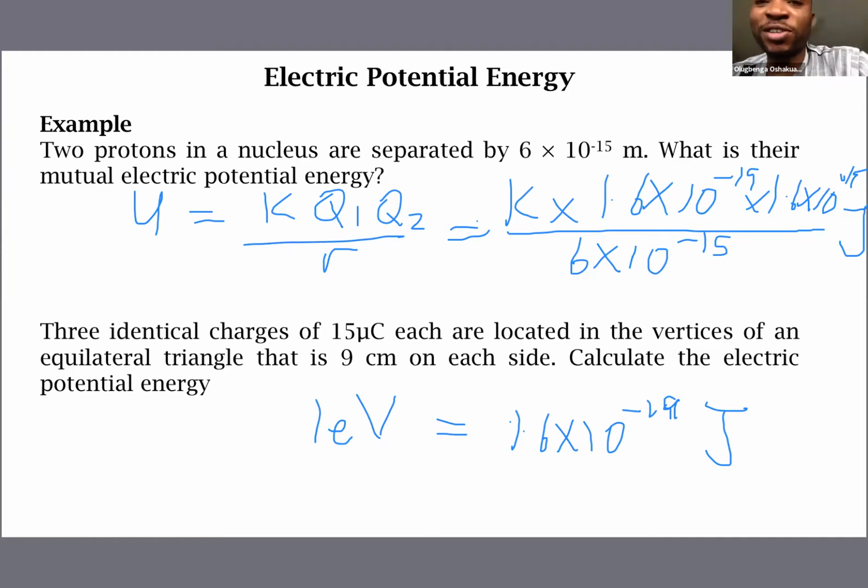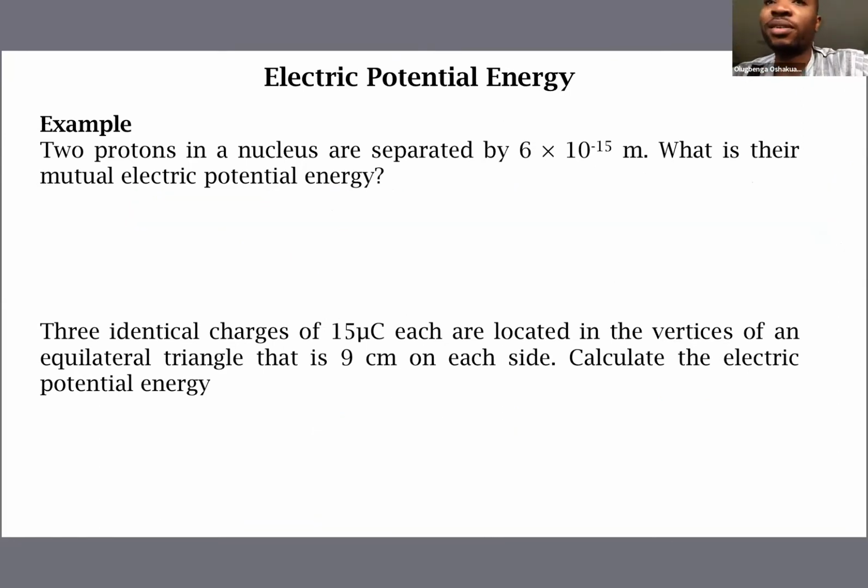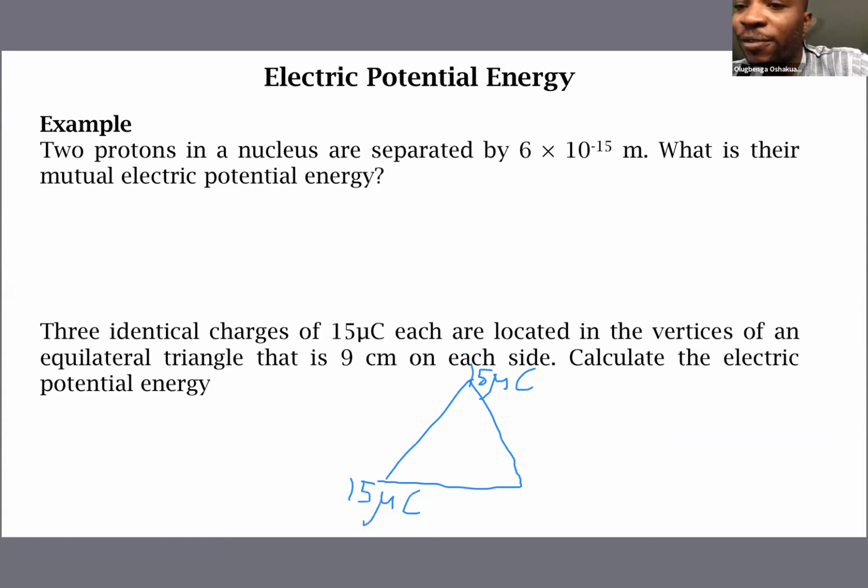So we also have another example here that says 3 identical charges of 15 microcoulomb each are located on the vertices of an equilateral triangle. So I think we should start by drawing an equilateral triangle. There are 3 charges, 15 microcoulomb, 15 microcoulomb, and 15 microcoulomb.